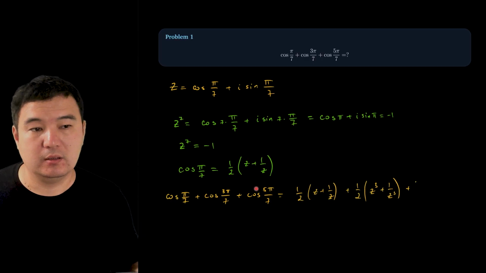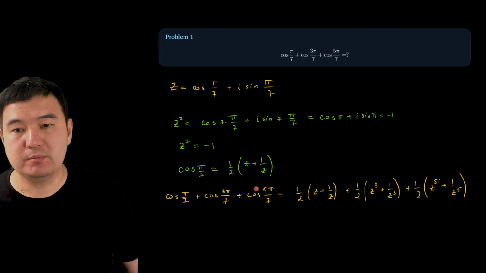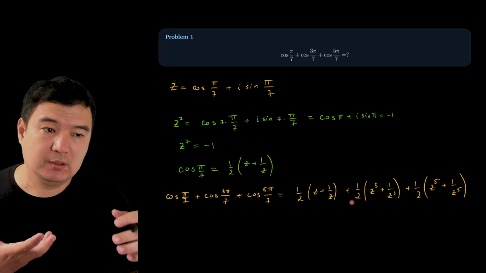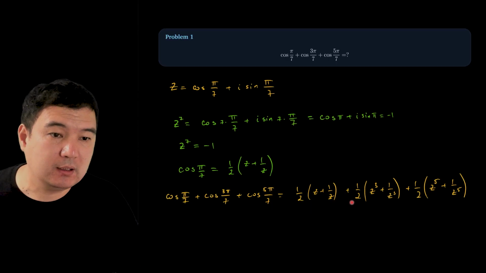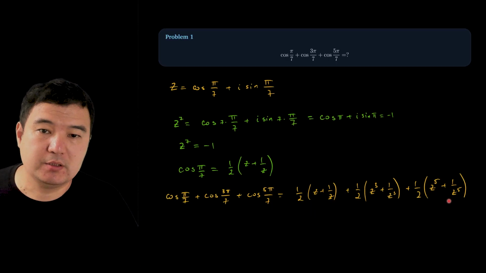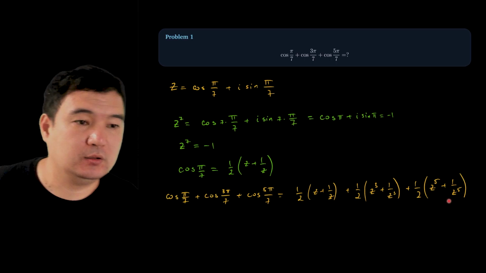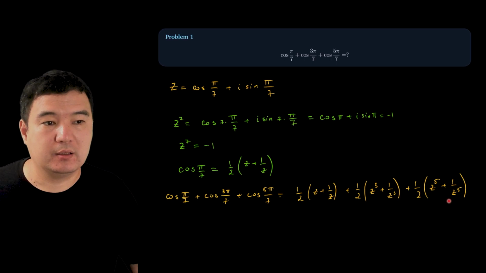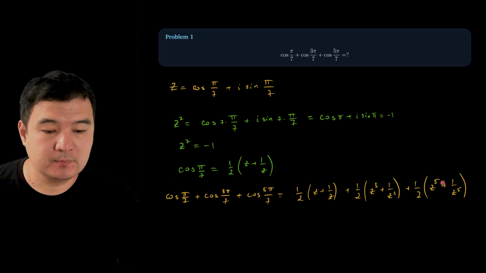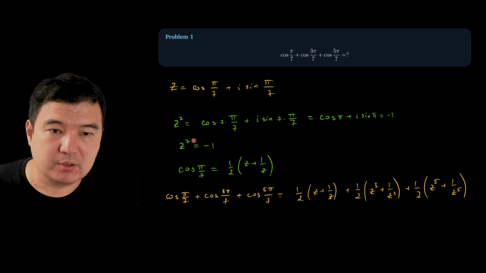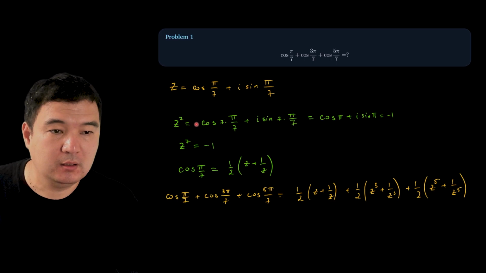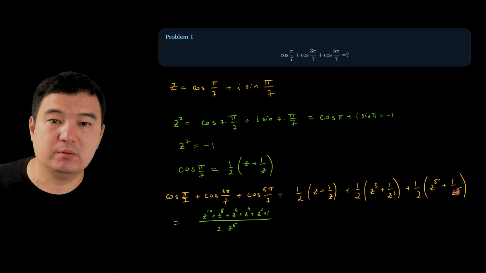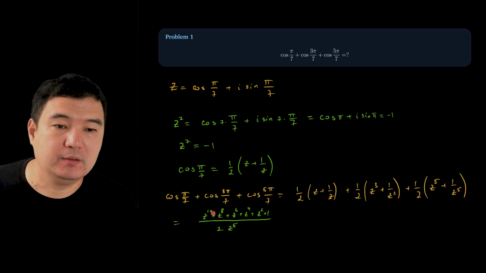Then your entire expression becomes the following. z is a complex number, but simplifying this expression basically becomes algebra. Instead of doing trigonometric identities, it just became algebra. You want to simplify this, and z has some properties related to this one that we want to use. So we'll take the common denominator. The highest power is 5, so you do z to the power 5 and then the rest.